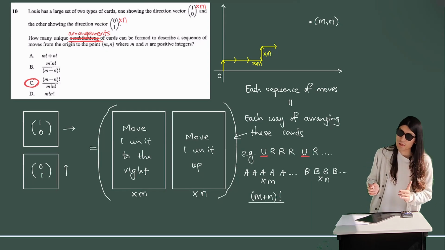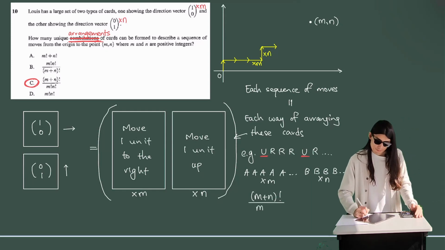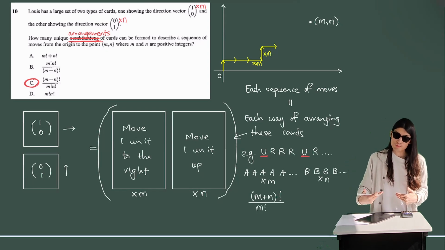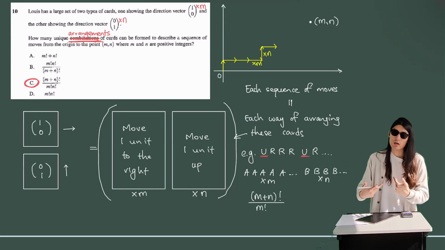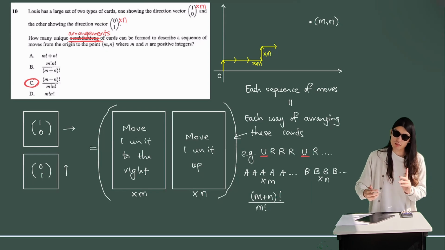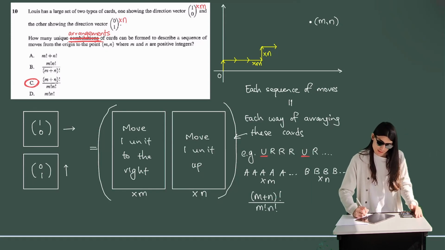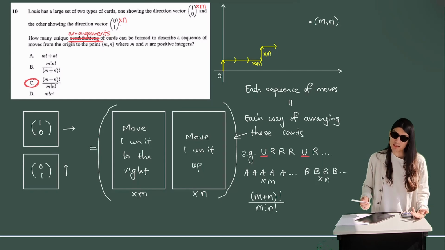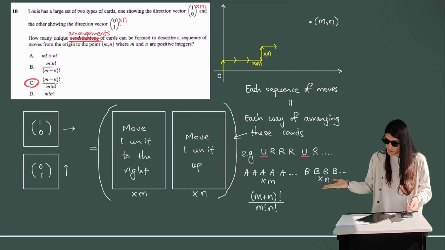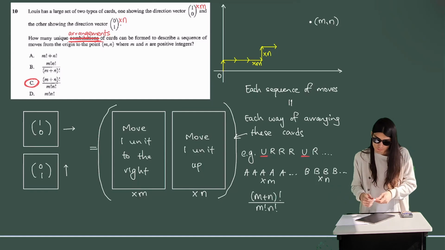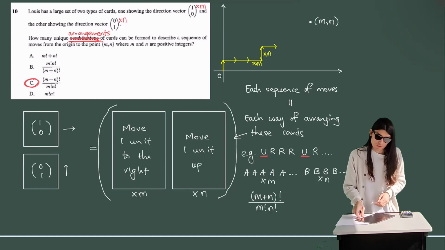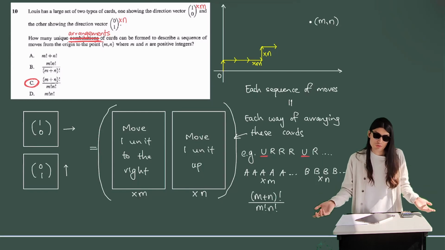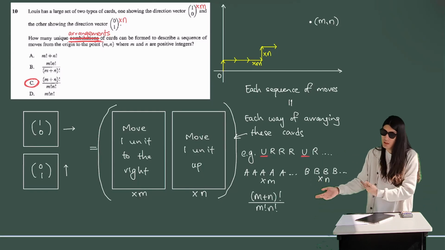But that is divided by m factorial, because we get repetitions due to m of the cards being identical to each other, and for the same reason divide by n factorial, and that's exactly what C has, isn't it? So like I said, you don't even need any calculations. If you had picked up what I was trying to say, you would have got the answer straight away 10-15 minutes ago.